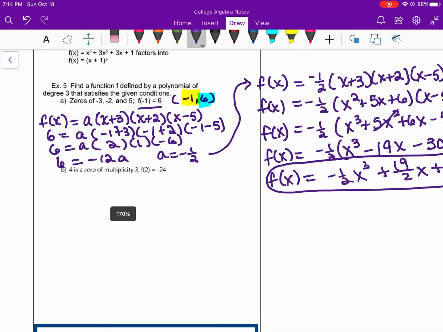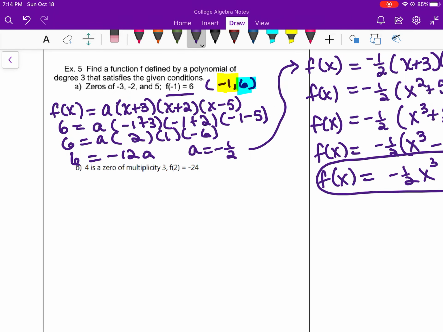All right, for example B here, 4 is a zero of multiplicity 3. That means we have x minus 4 cubed. And I forgot one little thing. I need to put my a in front of here so I can figure out if it's shrunk or stretched or reflected, that kind of thing. This is the ordered pair 2, -24.